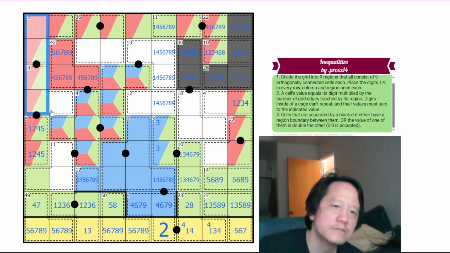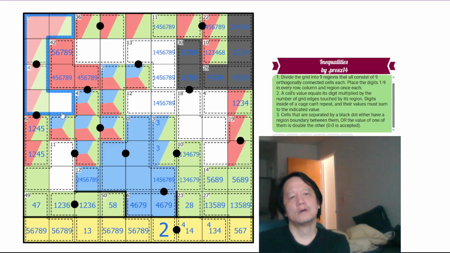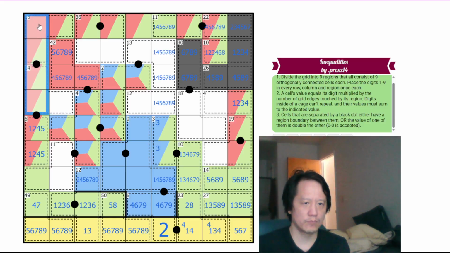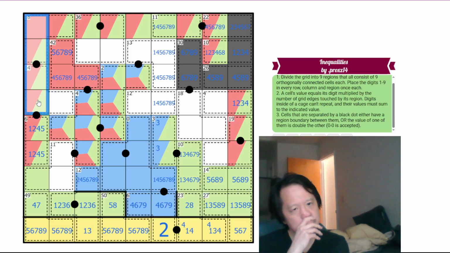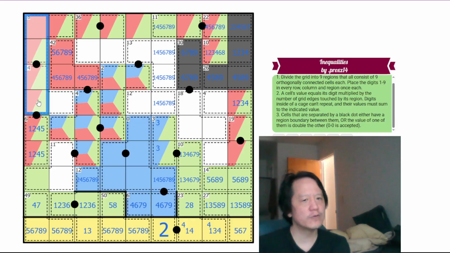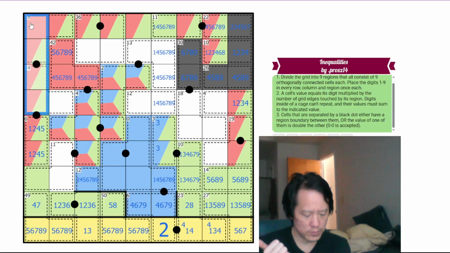Wait, is it? Minimum here for these 4 digits, if they were all doubled, we cannot have 2 or 4.